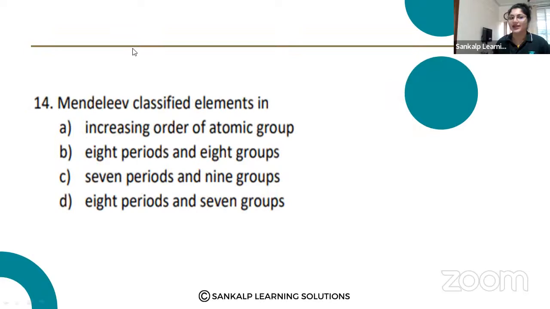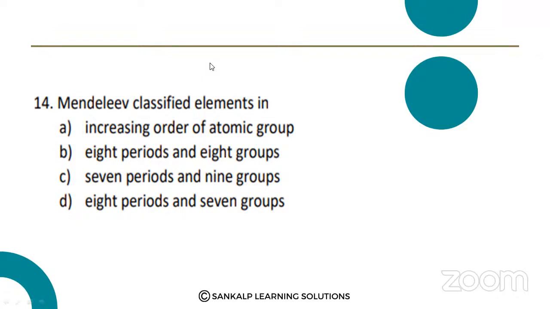So next question, Mendeleev classified elements in A, increasing order of atomic group, B, 8 periods and 8 groups, C, 7 periods and 9 groups, D, 8 periods and 7. Increasing order of atomic group.